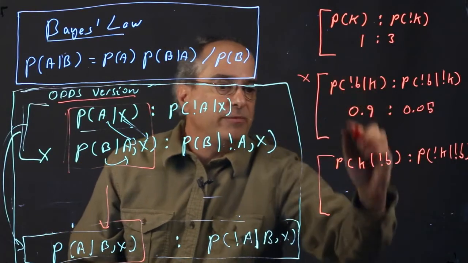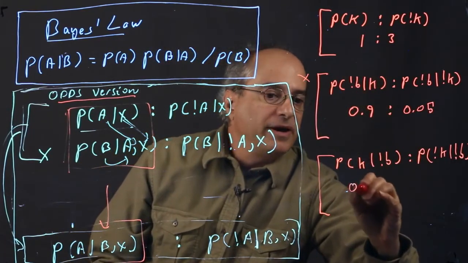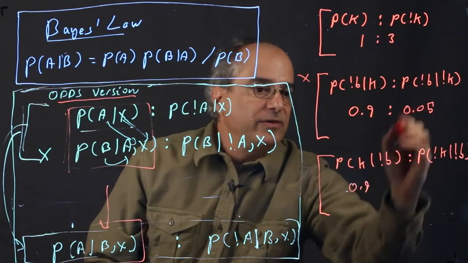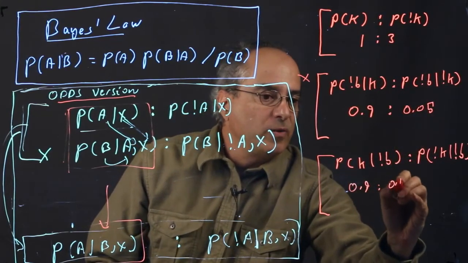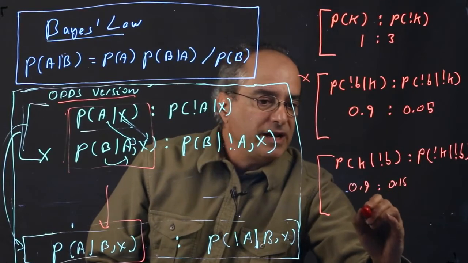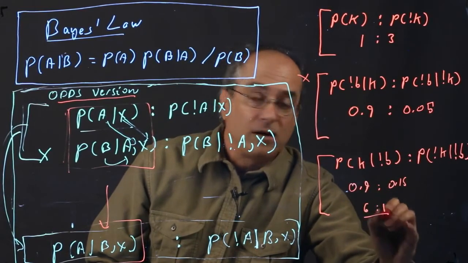Now for the numbers, 1 times 0.9 is 0.9. 3 times that is 0.15. This is essentially a 6-to-1 odds.